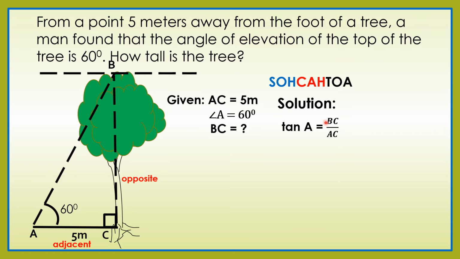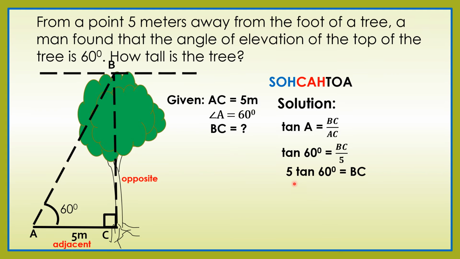So, TOA, that is tangent A, that is the reference angle, is equal to BC, that is opposite, and AC is the adjacent. By substitution, ang tangent A natin, ang A natin dito is the 60 degrees. Ang BC natin is unknown, ang AC natin is 5. Then cross multiplication, tangent 60 degrees times 5.